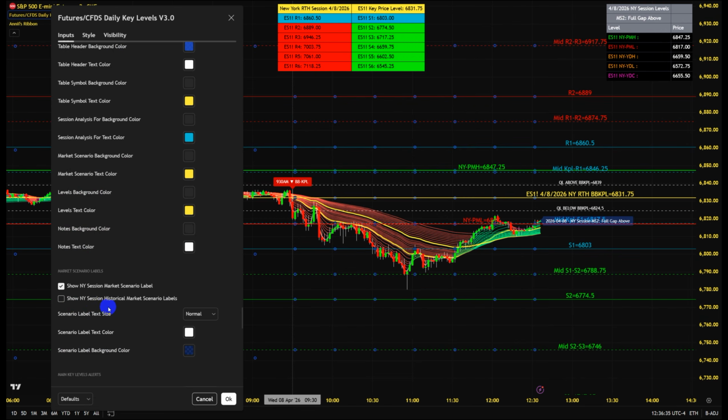Then if you also show the market structure scenario labels for historical sessions, this helps in going back and looking at historical sessions, because you can start to see which market structures within those historical sessions tend to favor your preferred trade setups, and which market structure scenarios tend to not favor your preferred trade setups.